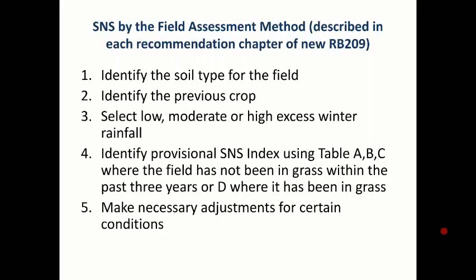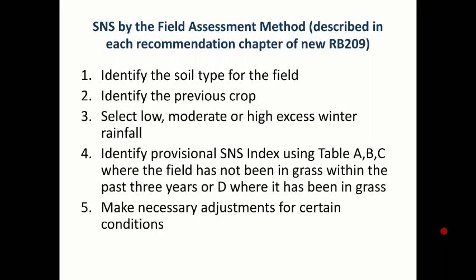Every recommendation chapter has this described at the beginning of it, and we'll do it in the practical class on Friday as well. So in this case, you just go through these steps: for a given field, you identify the soil type, the previous crop, you decide whether you're in an area that has low, moderate, or high excess winter rainfall.